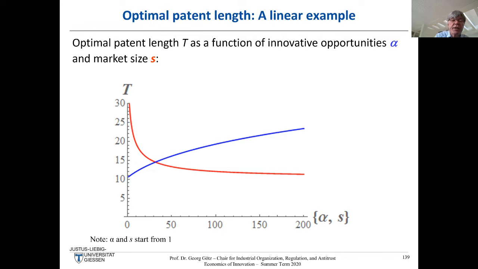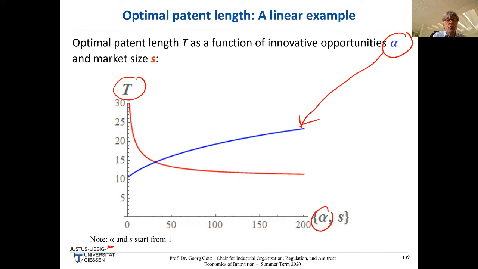That's what I also draw in the next slide. Here you have alpha again, and note that it starts at the value 1, because if costs are 0, you don't need long patent protection. The optimal patent length as a function of alpha is the blue line here. So if the costs of doing R&D increase, the optimal patent length extends, it becomes longer.